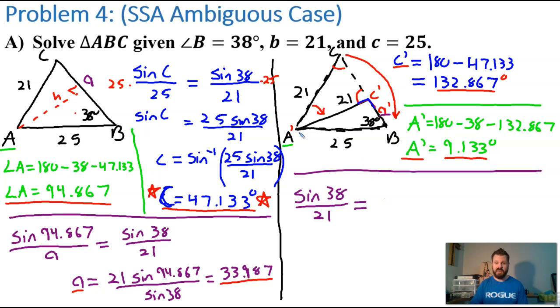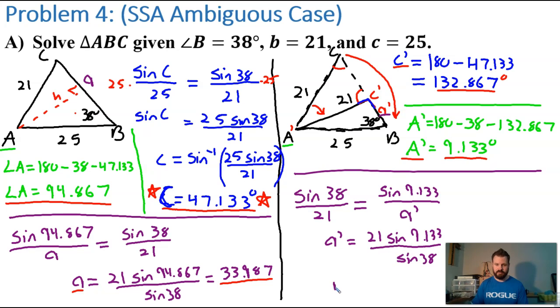Is equal to the sine of the new A over little a prime, we'll say. Cross multiply, divide, that's going to give me that a prime is equal to 21 sine of 9.133 over sine 38. Therefore, little a prime is equal to, when I plug all that in, 5.414.